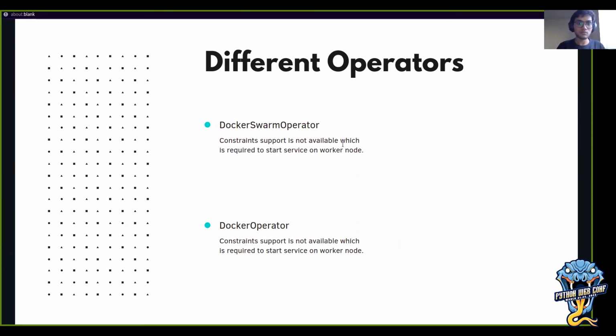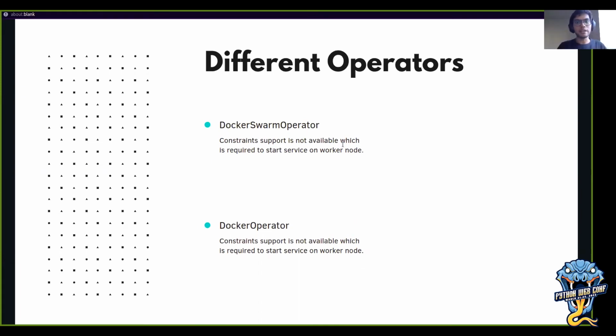But in both of the operators, some constraints were not available. That constraint support, if I want to start a service on the worker node, was not there in the Docker operator as well as the Docker Swarm operator.